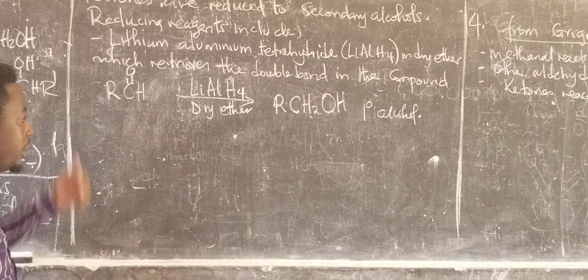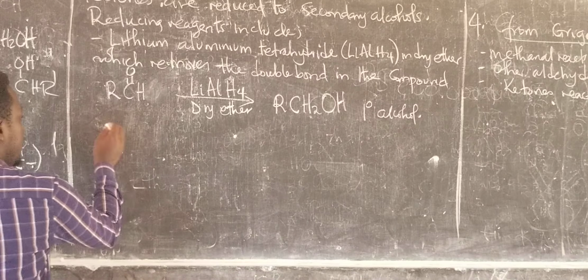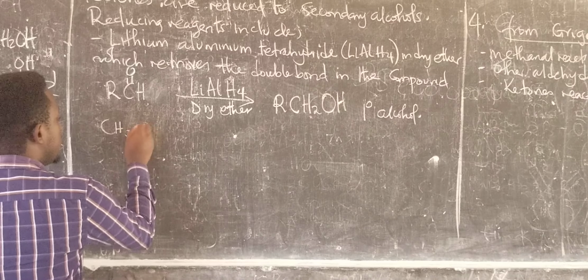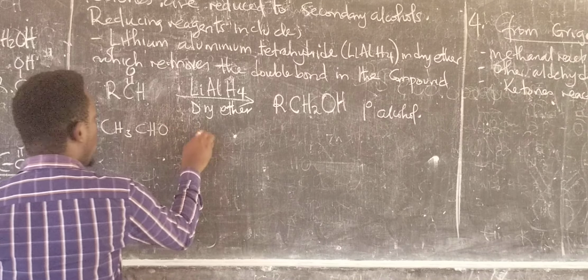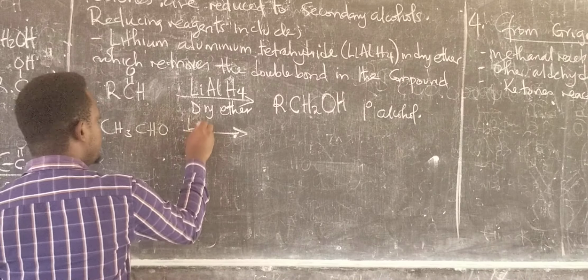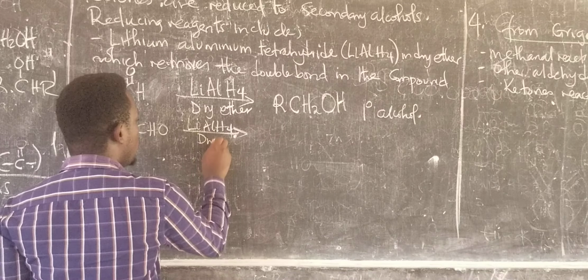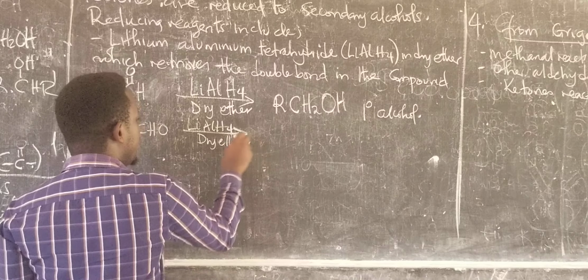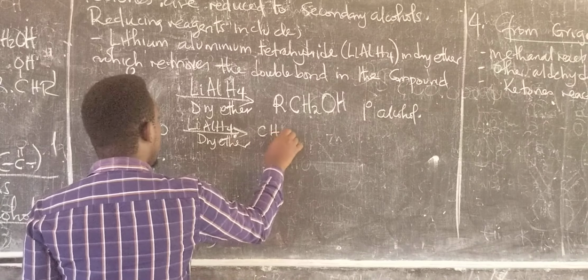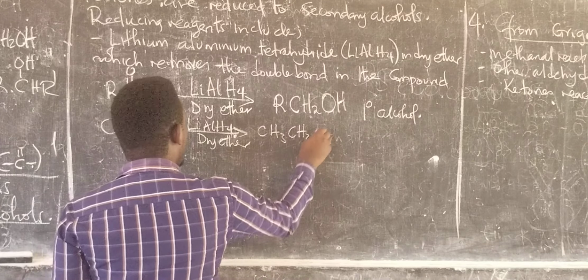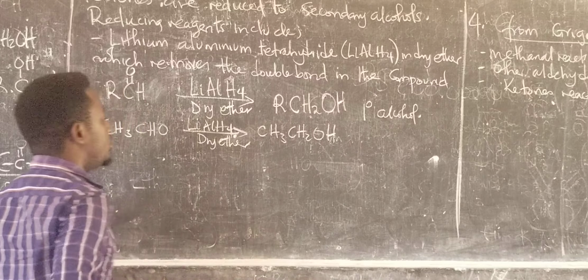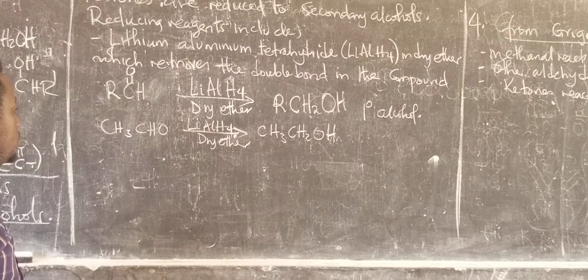So R can be, if R is CH3, that would be CH3CHO. If you have lithium aluminium tetrahydride in presence of dry ether, it will become CH3CH2OH.